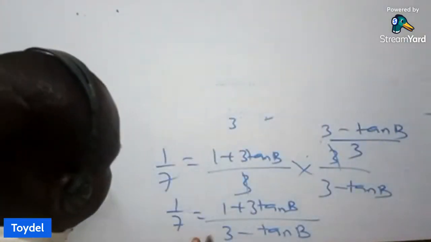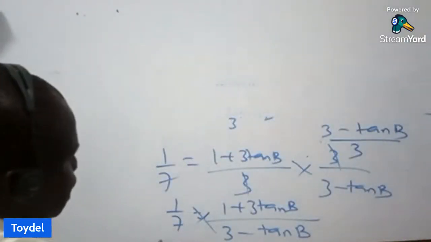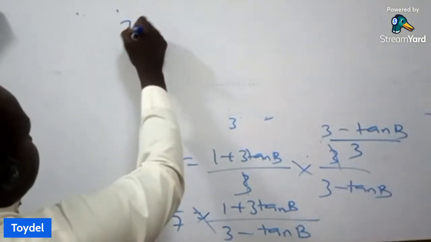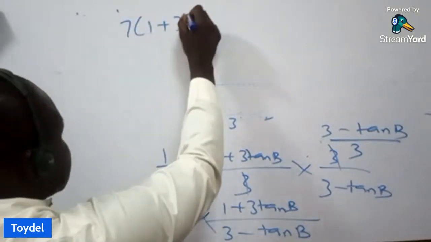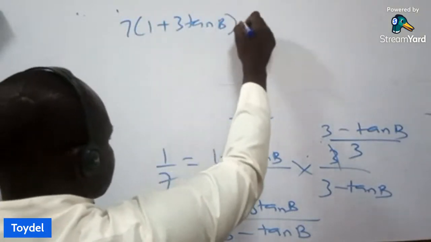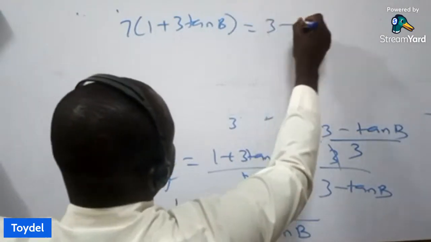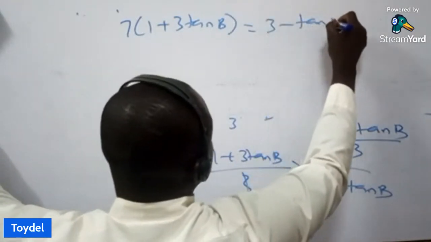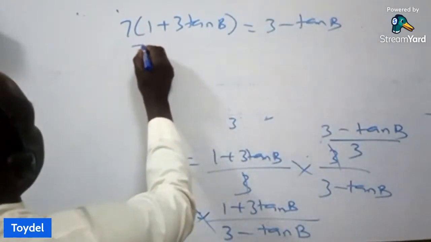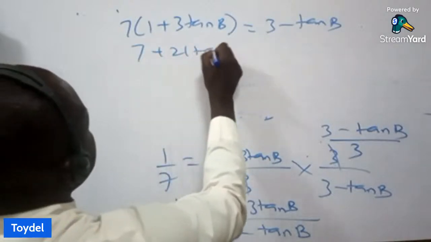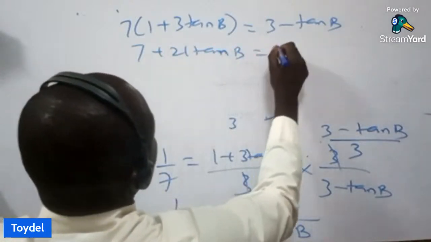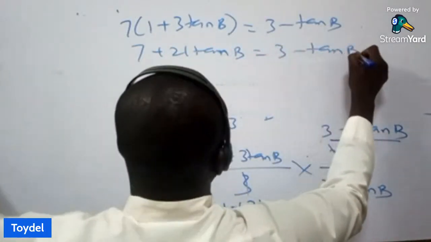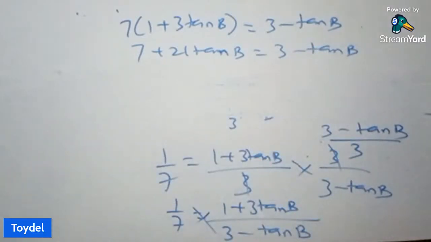From here now, if we cross multiply, I'm going to get 7 multiplied by (1 plus 3 tan B) to be equal to 3 minus tan B. So if I open up, I have 7 plus 21 tan B equal to 3 minus tan B.